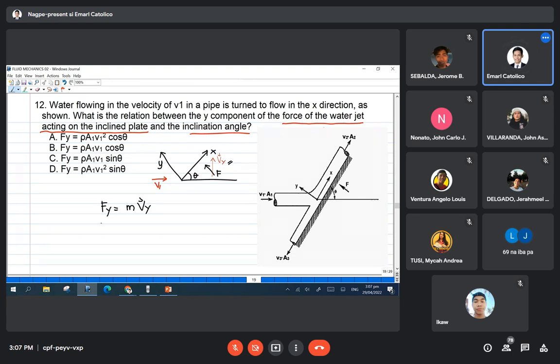Okay? What is the formula of mass? Formula of mass is density times area ng jet. So, AJ, VJ. Then, dy natin, since may theta, pwede natin siyang i-write as sine.